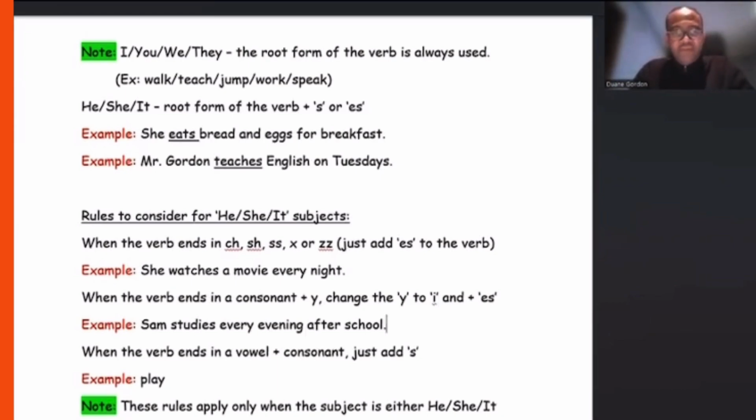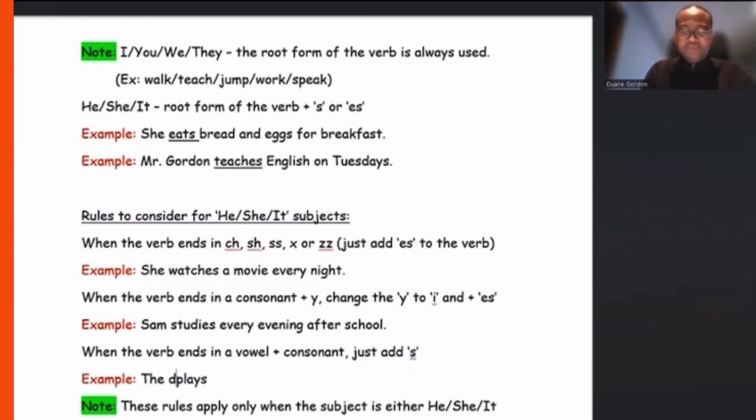Very good. Final rule. Let's look at when a verb ends in a vowel plus y. What do you do? You add s. Simply add s. Vowel, consonant, ay in this case. The word is play. You simply add s to the verb. He, she, it. Let's say the dog.